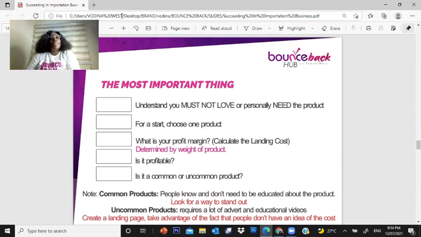Yes, I'm saying this as the first thing because I have thought so many times that you should be passionate. Passion is good. Passion keeps you going. Passion drives you, right? But for succeeding in importation business, sometimes your passionate product could be a product that is on demand.